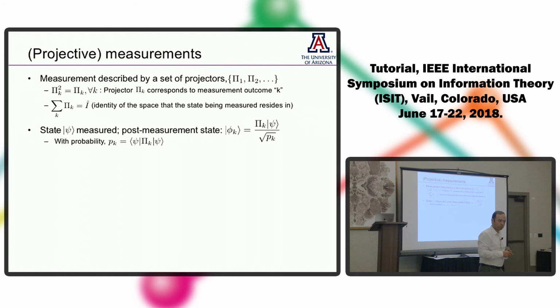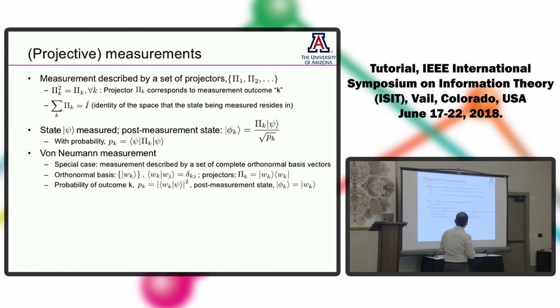The simplest example of a projective measurement is to take an orthonormal basis in the space where your state lives and construct a set of projectors by taking the outer products of each |w_k> with itself.